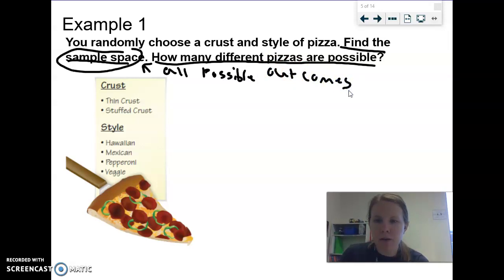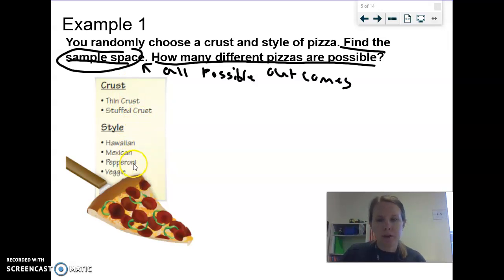I want to know what the possible outcomes are, actually labeling them, not just saying there's 5 outcomes. That's then saying how many there are; this one is asking me what kind. So in this case, I could have thin crust and Hawaiian or thin crust and veggie.